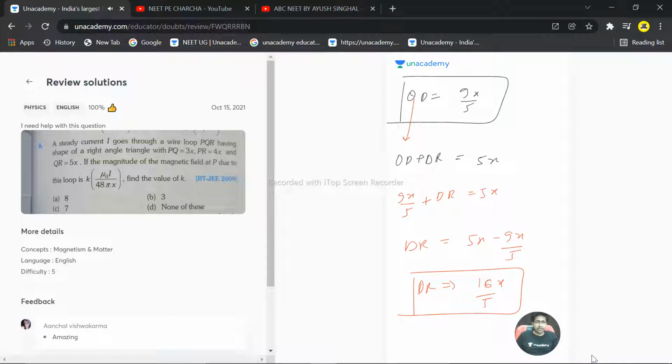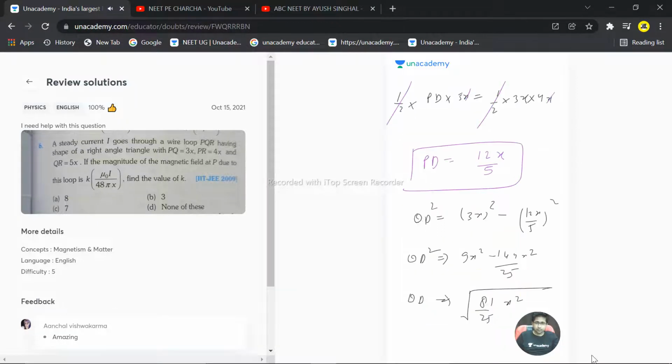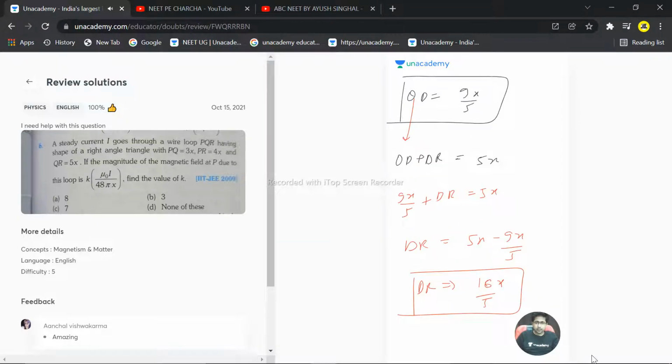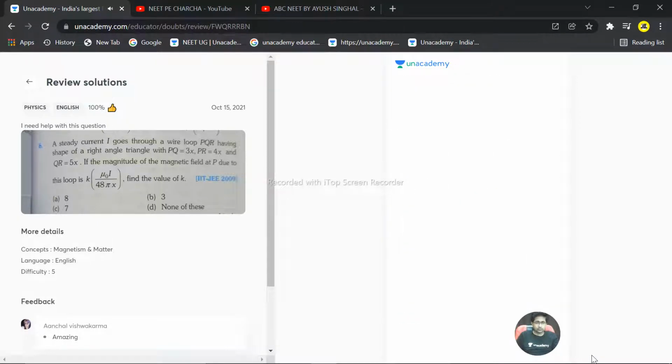Now the magnetic field at point P due to the current elements PQ and PR is zero at the point P. This is PQ and this is PR. I'm calling these angles theta 1 and theta 2. Let's start solving further.